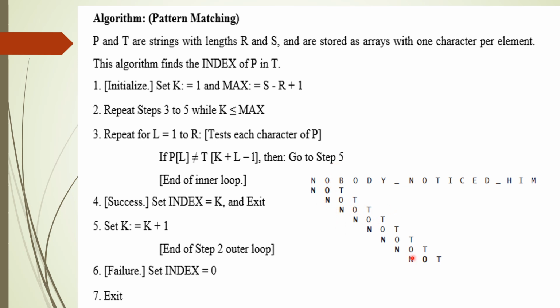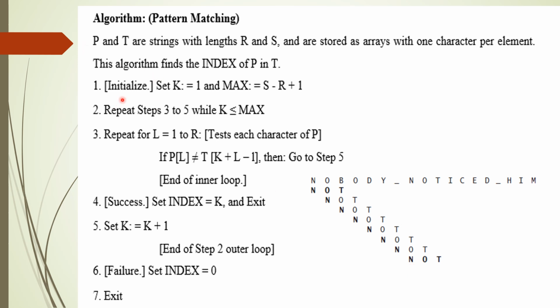Repeat this procedure until all the characters of the pattern are matched with the text. That means the pattern is found in the text, then return the position in the text string where the pattern string is encountered.